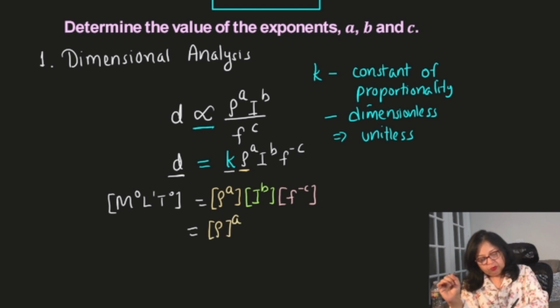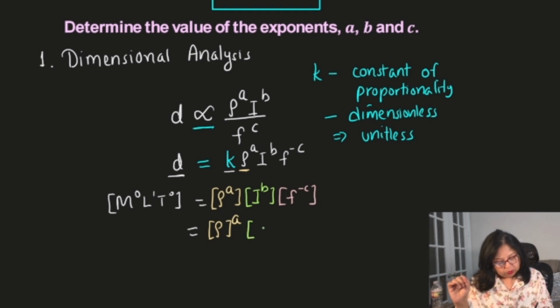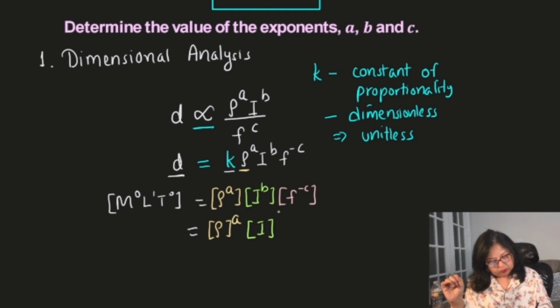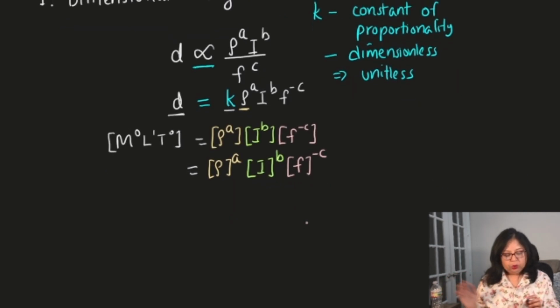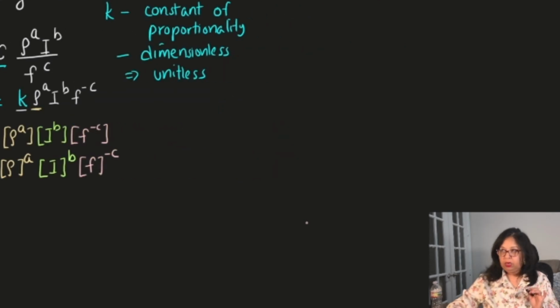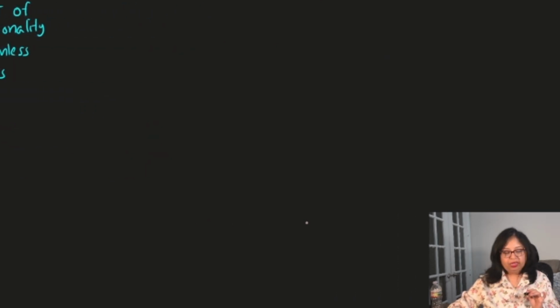So it becomes the dimensional formula for rho to the power a, the dimensional formula for I to the power b, times f to the power minus c. Now we do not know what the dimensional formulas for rho, I, or f are. Let's figure those out on the side here.